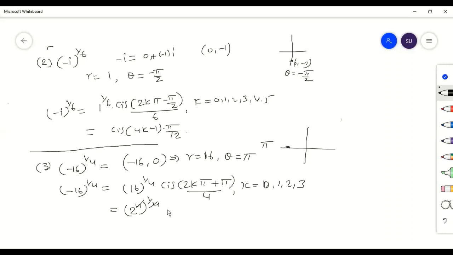The 4s cancel. Cis of pi, take out common, (2k plus 1) into pi by 4. K values are 0, 1, 2, 3. So the answer is 2 cis of (2k plus 1) into pi by 4, k values from 0, 1, 2, 3. Like this we can solve some more problems.